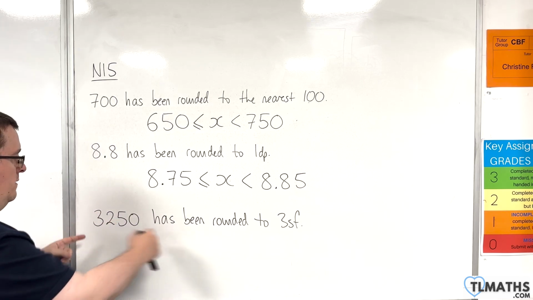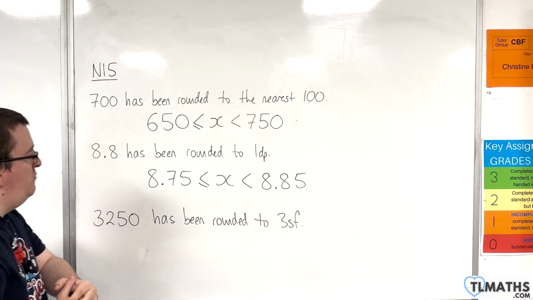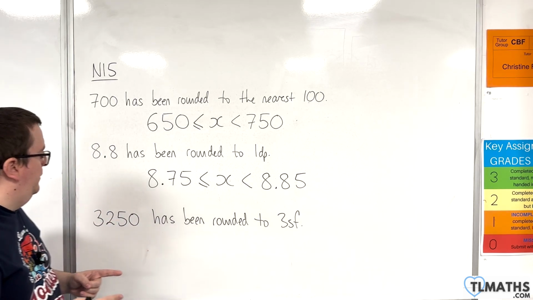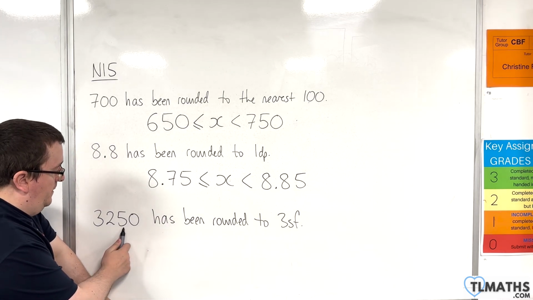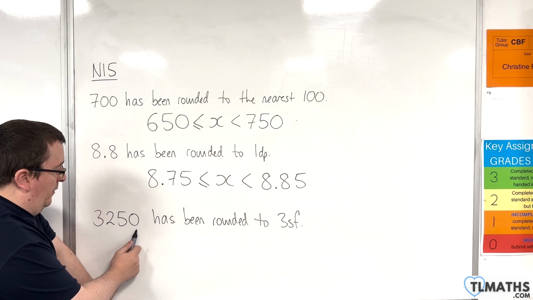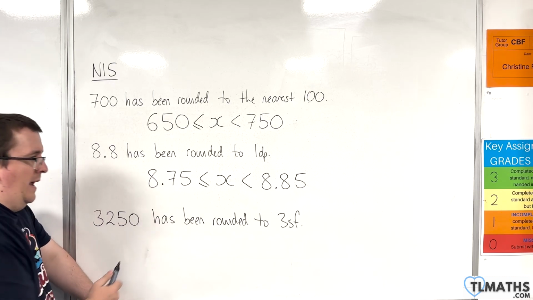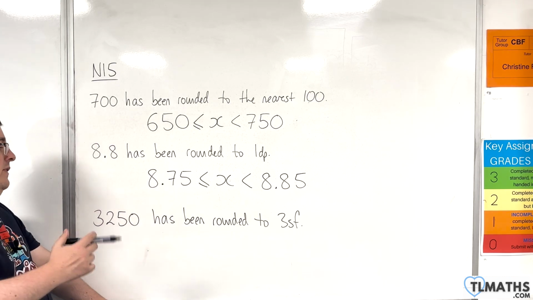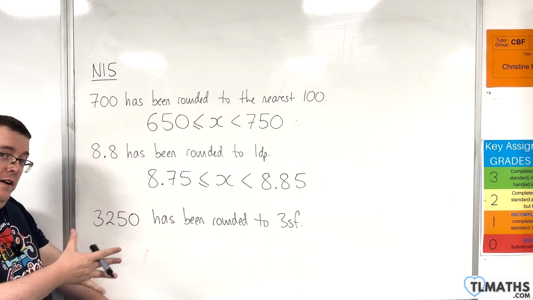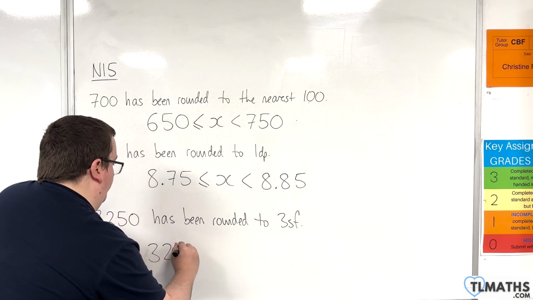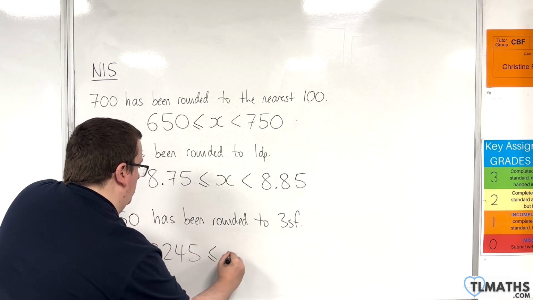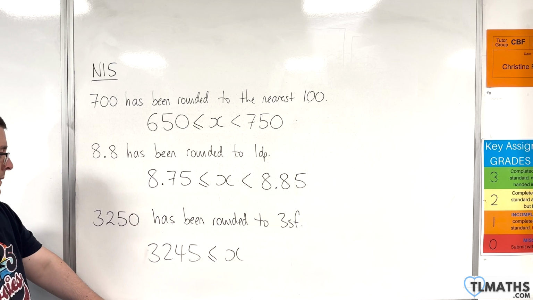So for this one, 3,250 has been rounded to 3 significant figures. Well, there's the third significant figure, and then we've got the number to the right. So that means it has to be 5 either side, doesn't it? So 3,245 is less than or equal to x.